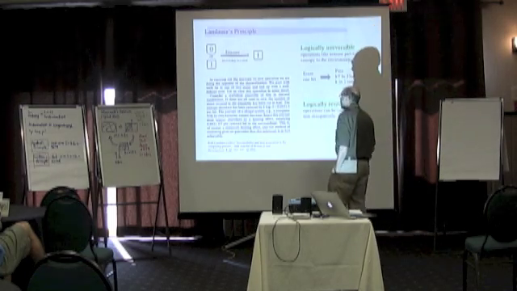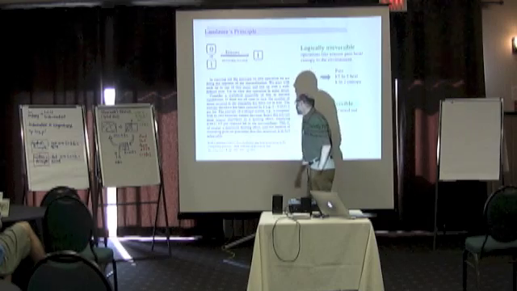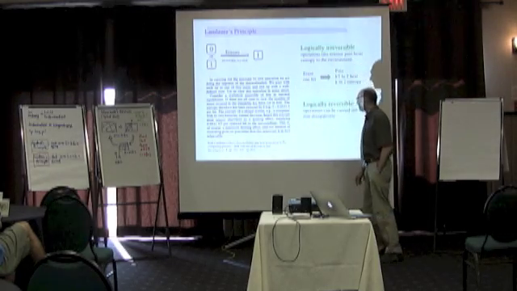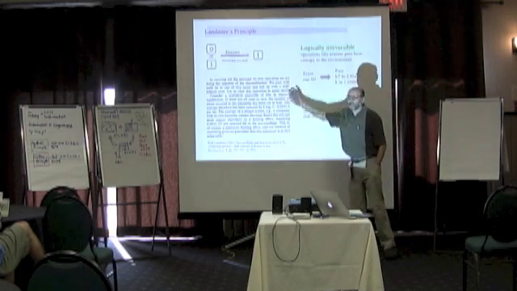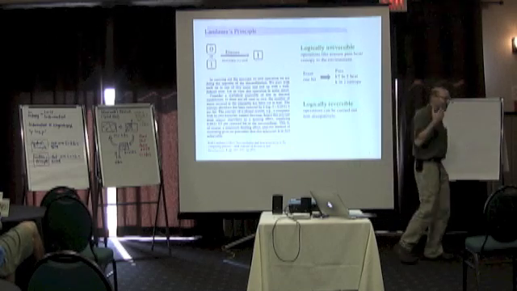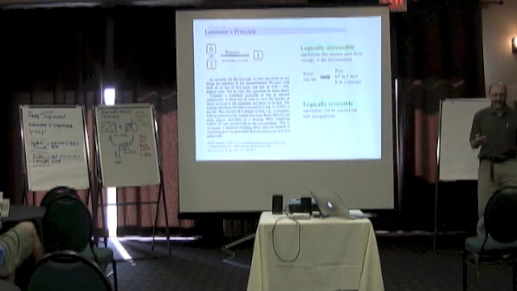This is the text from his 1961 paper, Irreversibility and Heat Generation in the Computing Process. I'm just going to read it to you because it says it better than I can.